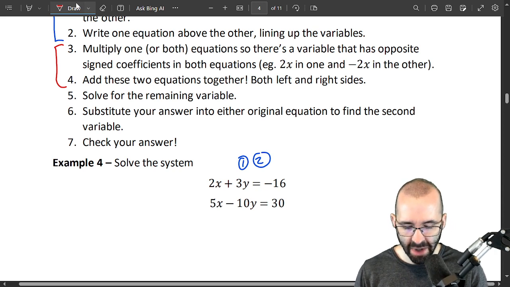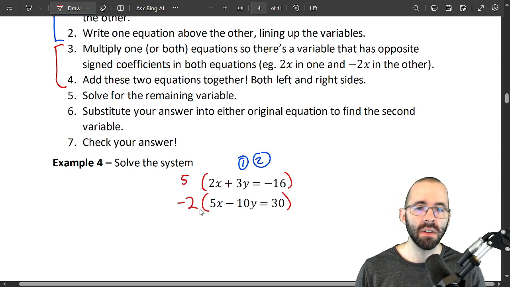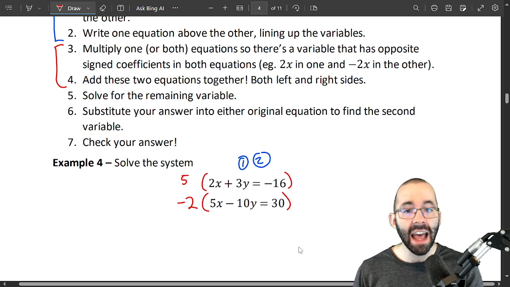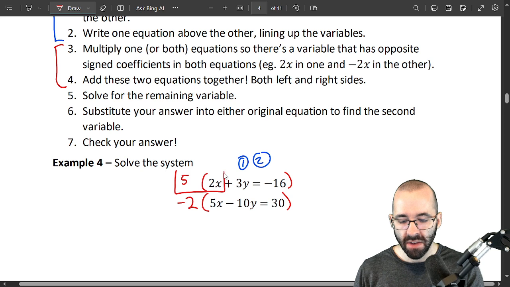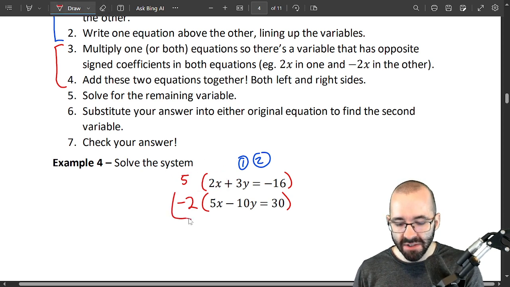What I'm going to do is multiply this equation by 5 and this equation by negative 2. I'm choosing those numbers because now we'll have a 10x right here and a negative 10x right here.